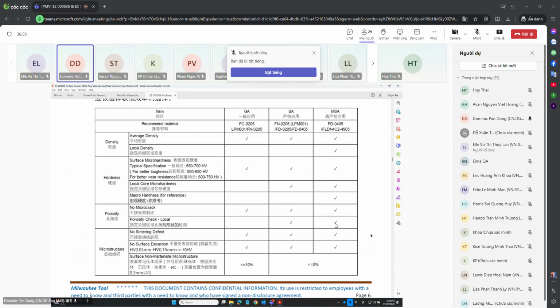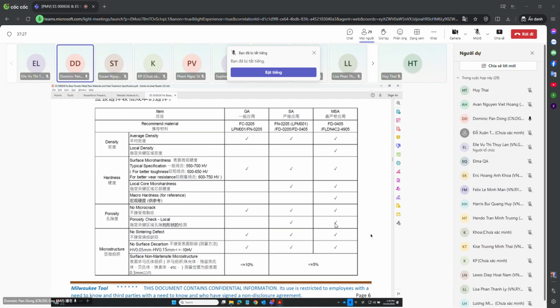Basically, for TTI's powder metal parts, we divide them into three different grades based on their service severity. GA means normal, SA means tough, MSA means the toughest. Different grades have different requirements, and a higher grade means more requirements and a tighter spec.